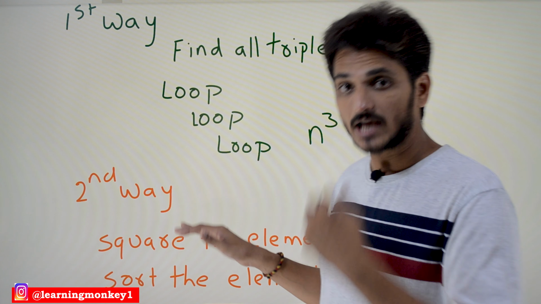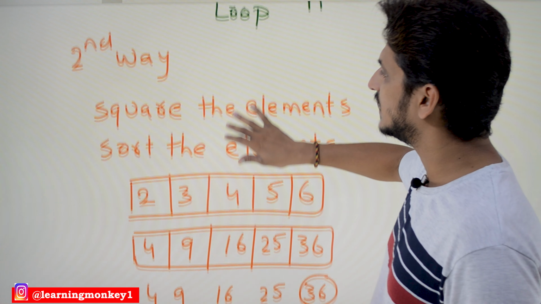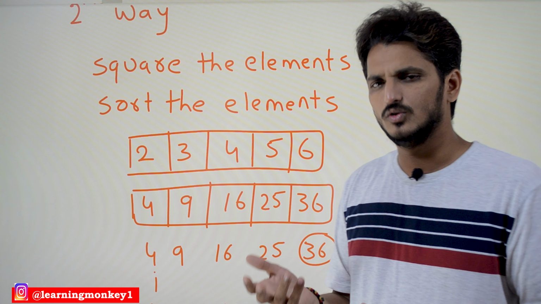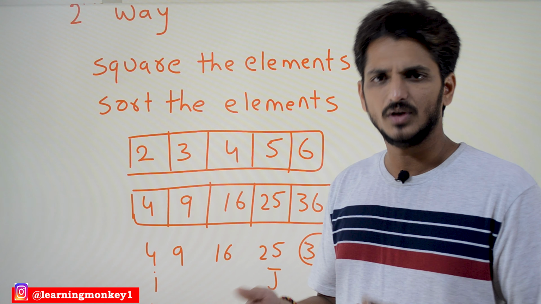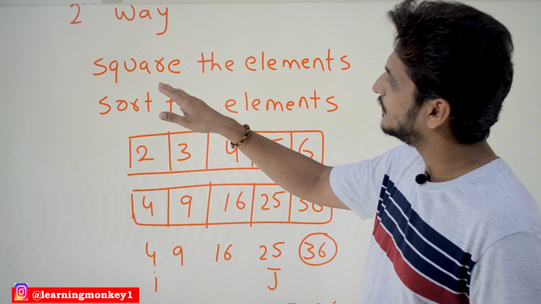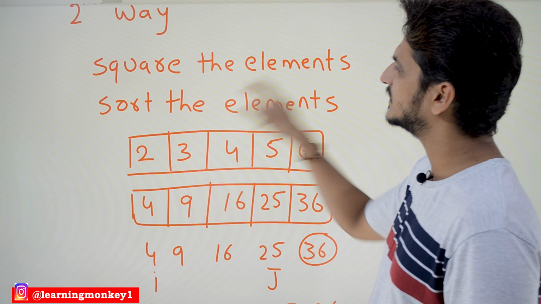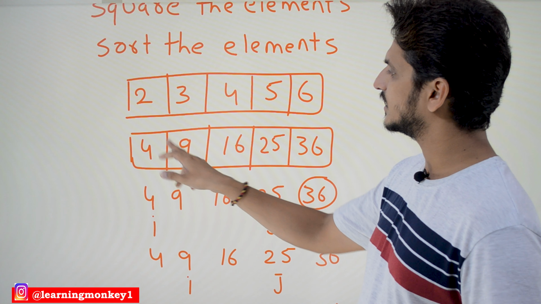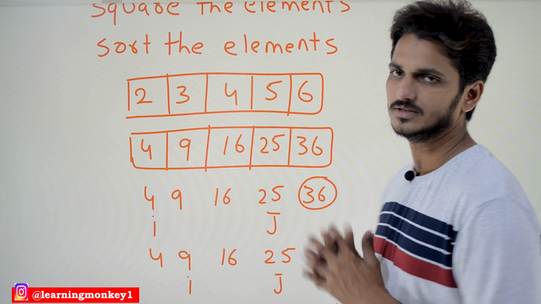Now coming to the actual logic, what is the efficient code? The second way: we square all the elements and sort them. Anyhow, we have to square the elements. 2, 3, 4, 5, 6. If you square it, 4, 9, 16, 25, 36.